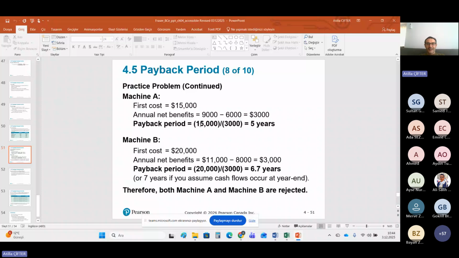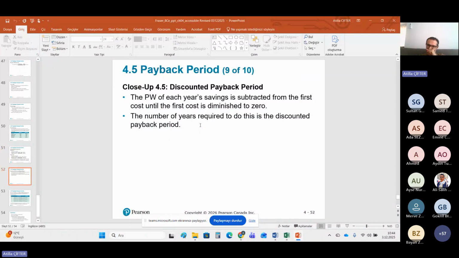Okay. And now the discounted payback period. Discounted payback period takes the time value of money into account, which is important because $10,000 two years from now is not equal to $10,000 one year from now. Okay. So let's see.